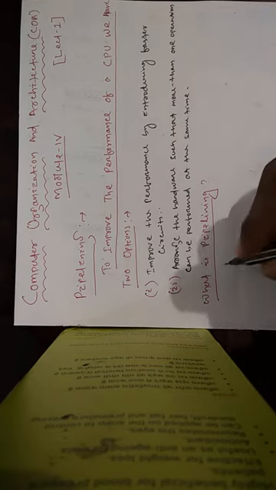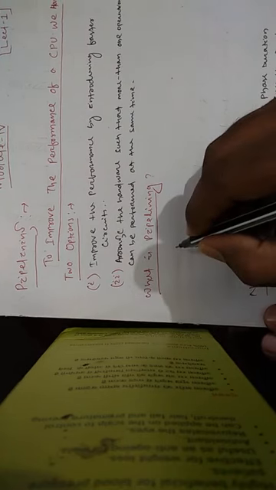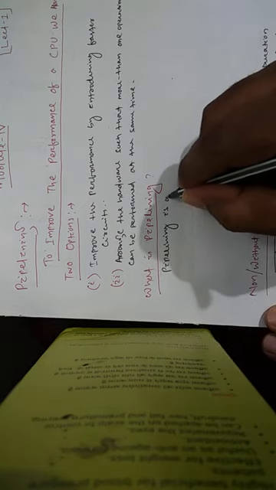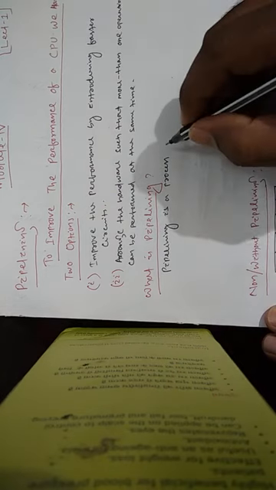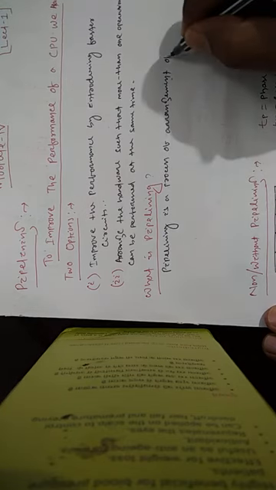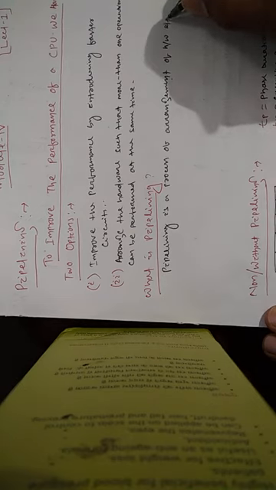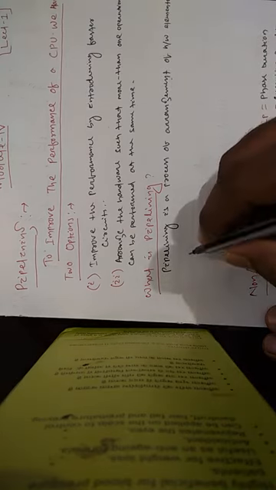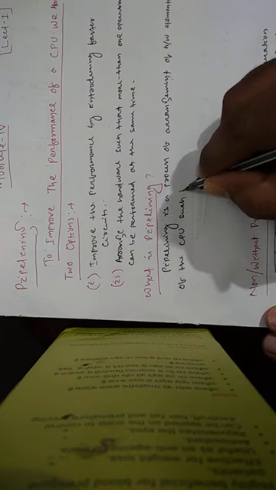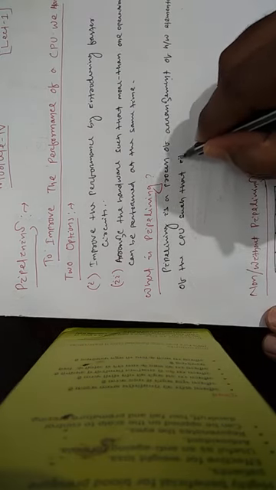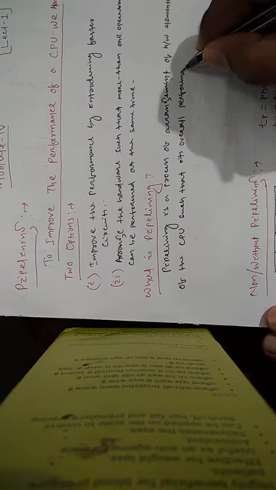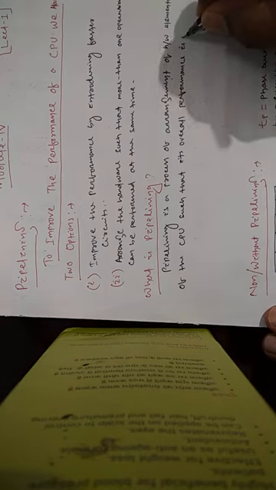What is pipelining? Pipelining is a process of arrangement of hardware elements of the CPU such that its overall performance is increased.